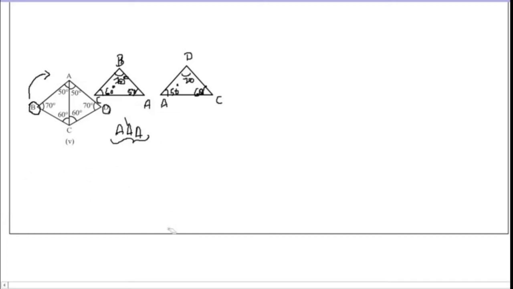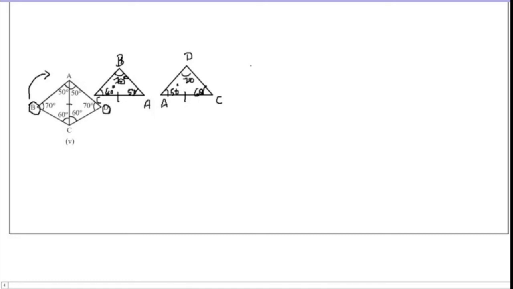So now we have to check if these two triangles are equal or not. Now we have one side, you can see this side AC, which is common to both the triangles. That means it has to be equal, right? So we have CA equal to AC. Okay. Now we can prove that these two triangles are equal when the angles are same, 60 and 50, they are same.